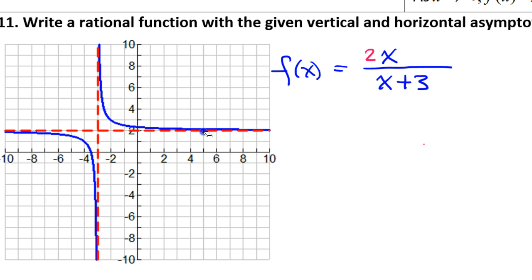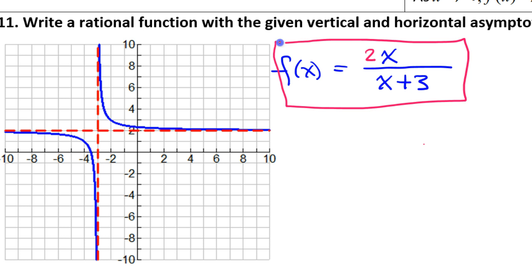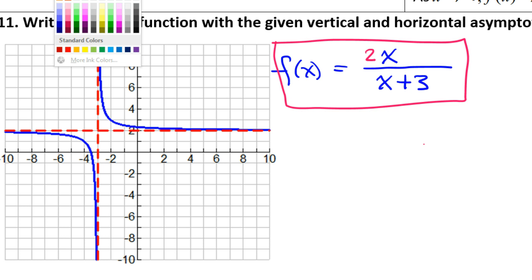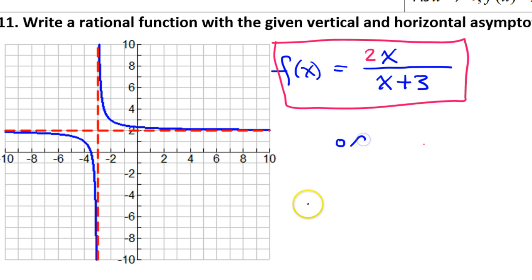A horizontal asymptote of 2 and a vertical asymptote of -3 from that. But there is another solution to the problem. So another way you could approach it, maybe I'll just say or. Either way, I'm going to do the x plus 3 in the denominator to get that vertical asymptote.